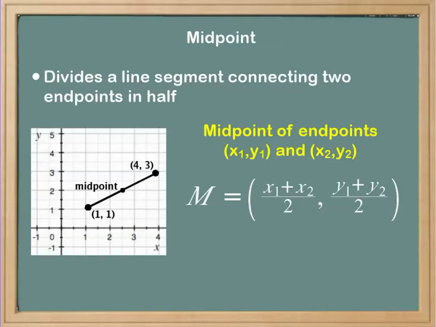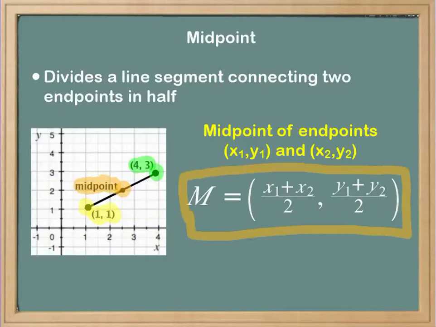For example, in this particular problem, you'll notice that I have an endpoint at the coordinate 1, 1. I have another endpoint at the coordinate 4, 3. I want to find the coordinate of the midpoint, that point in the middle that cuts it in half. So to do that, I'll use the midpoint formula, which says I take the x-coordinate from the first point, add to it the x-coordinate of the second point, and divide it by 2.